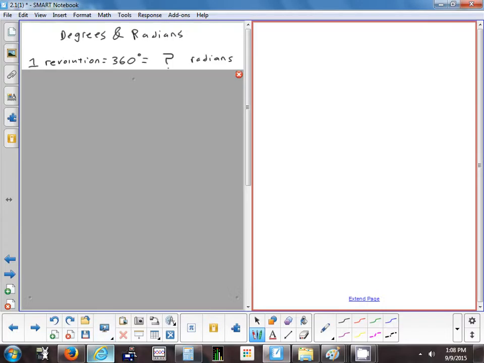Very simply, all you'd have to do is set up a proportion. In one revolution, there's 360 degrees. Let's say I wanted to know how many degrees in 2.5 revolutions. Just put 2.5 revolutions is how many degrees.